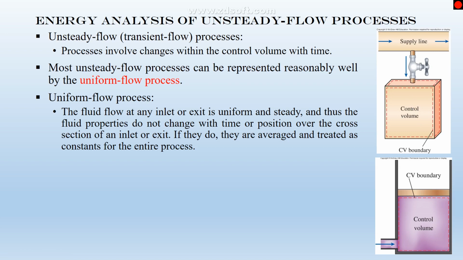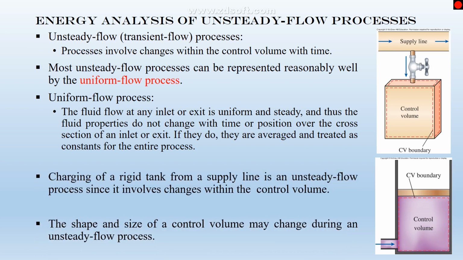In this course, we discuss a specific type of unsteady flow process, which is called uniform flow processes. For uniform flow processes, we assume that the thermophysical properties of the fluid at the inlet and exit are constant, or uniform, or steady, but the total energy and total mass of the control volume change with time.